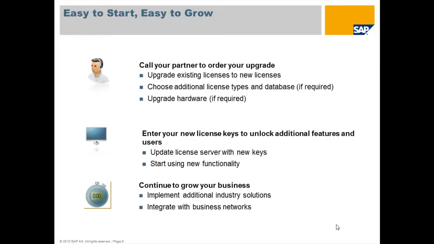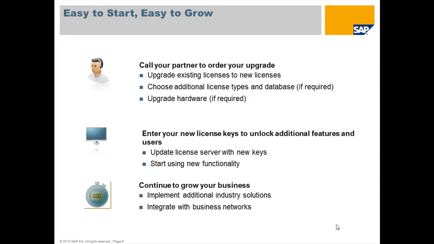You enter the new license keys into the system, that unlocks the additional features and the users, and you're ready to go, starting using that new functionality. No data upgrades, no data changes, no re-implementations. So you can go ahead and continue to grow your business.